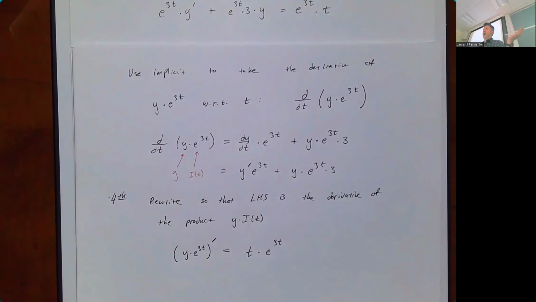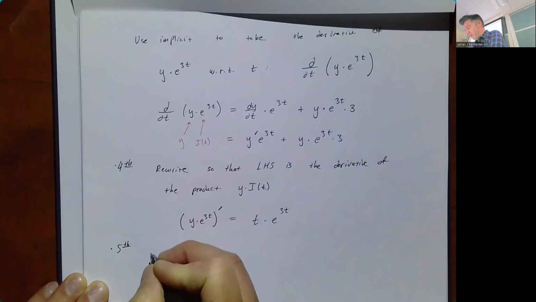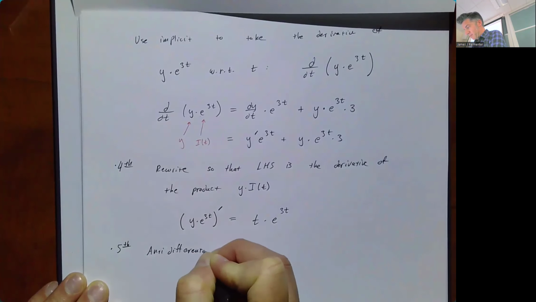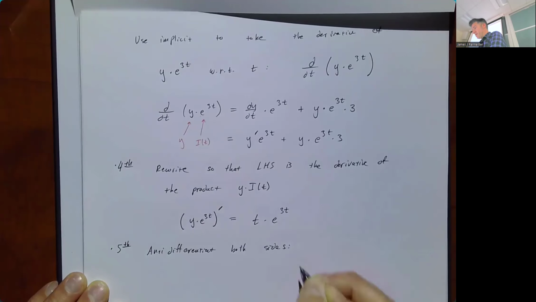Okay, remember our goal? Actually, we didn't even really state our goal, but whenever you're solving a differential equation, the goal is to find y as a function of t. To be able to isolate y here, we have to get rid of this derivative. So we have to anti-differentiate both sides. So step 5, anti-differentiate both sides.